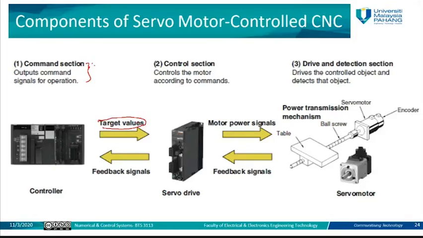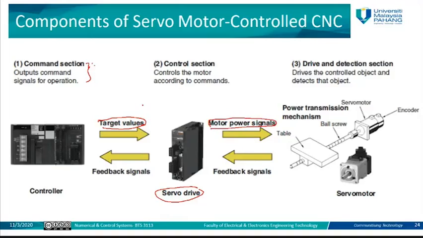These go to the servo drive, which, as we said, is equipment, an amplifier with electronic circuits inside, which will read these values and convert them into output. This output will go to the motor in order to perform the movement.